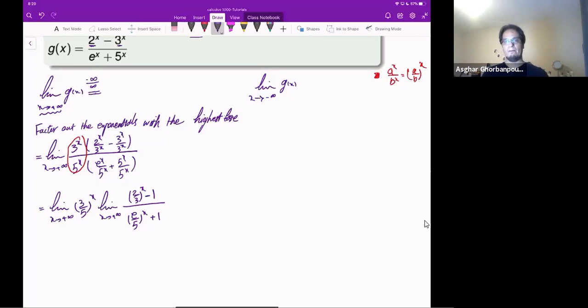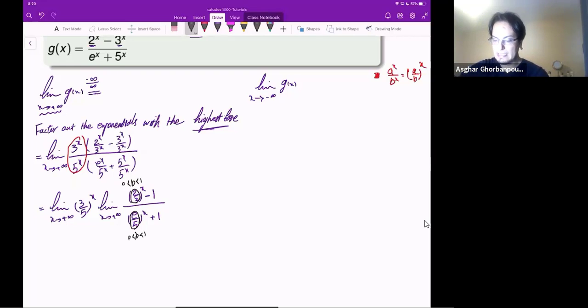Now, the reason that we are factoring out the highest base is all here. This is where it plays a very important role. You see, 2 over 3 is a base less than 1, and the same is for this guy.